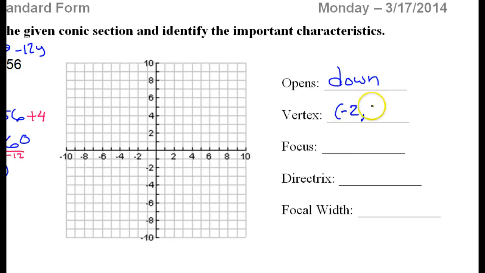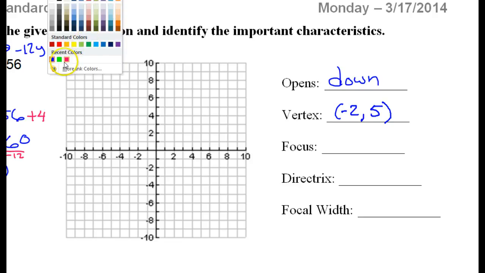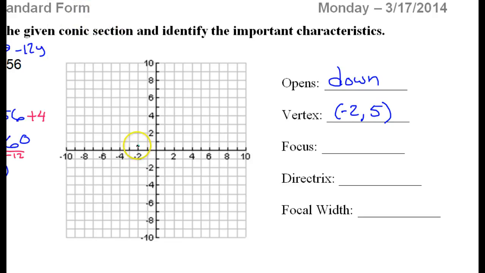So negative 2 comma 5. Let's go ahead and graph that. Okay, so negative 2 comma 5 is going to be right here. So that is my vertex, guys.